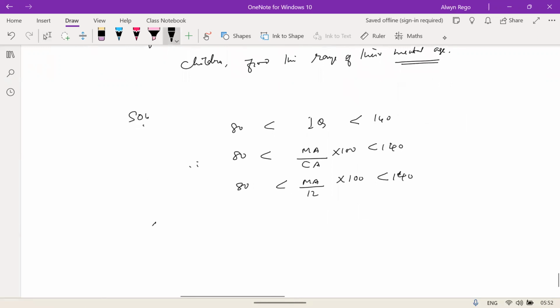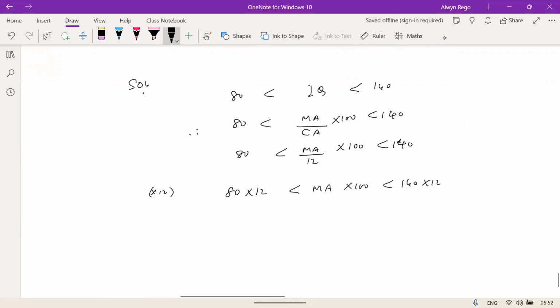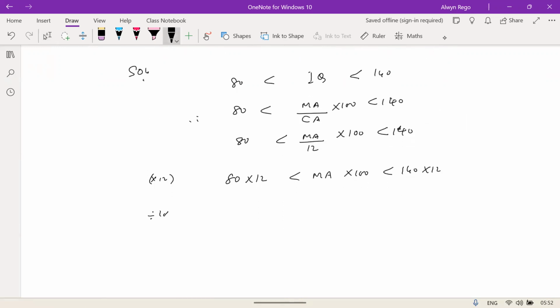I can multiply throughout by 12, which is positive. Therefore, you have 80 multiplied by 12 is less than mental age multiplied by 100, less than 140 times 12. I can divide throughout by 100, and 100 is positive, so I can always divide. Therefore, 80 times 12 upon 100 is less than mental age is less than 140 times 12 upon 100. The 0 and 0 cancel.